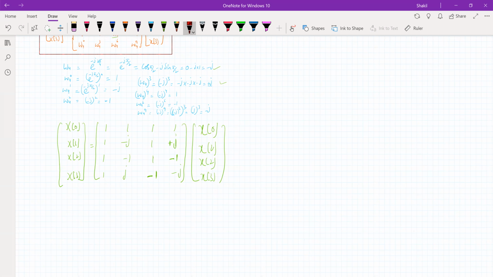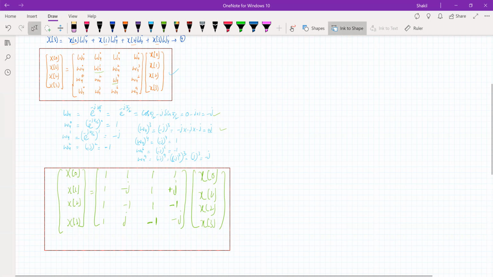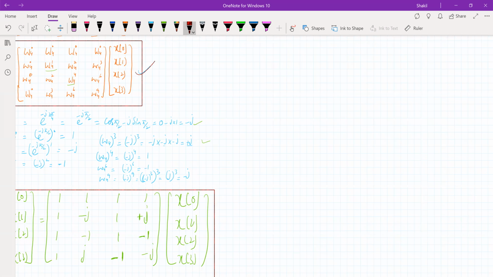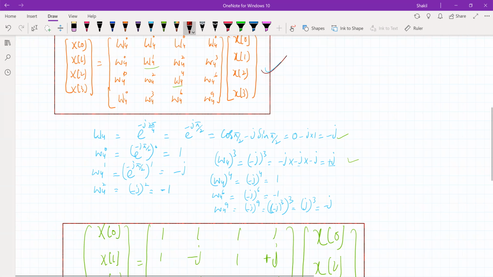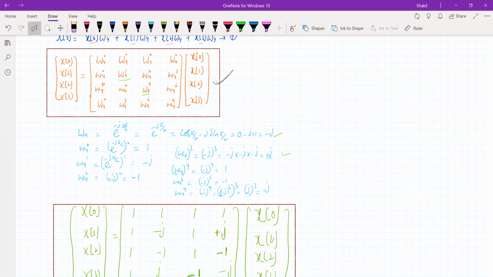So this is the 4-point DFT arranged in matrix form. This is the simplification of this formula. Now you'll see quite often this formula is written like this: X of k is written as W_N times x of n.